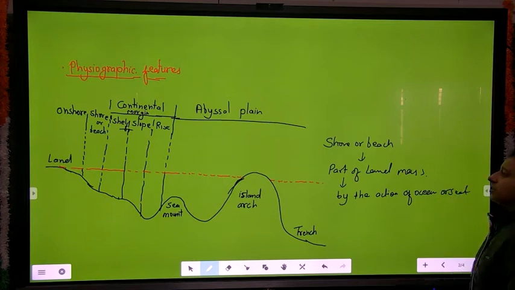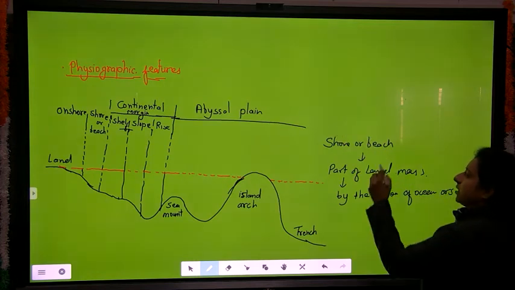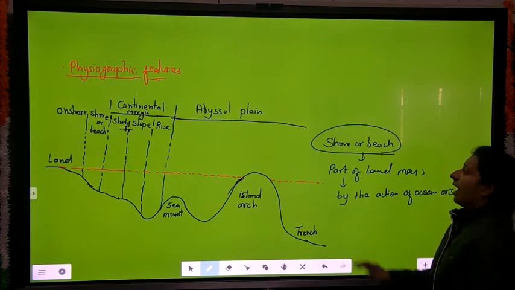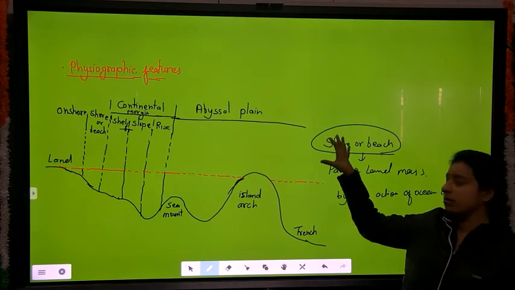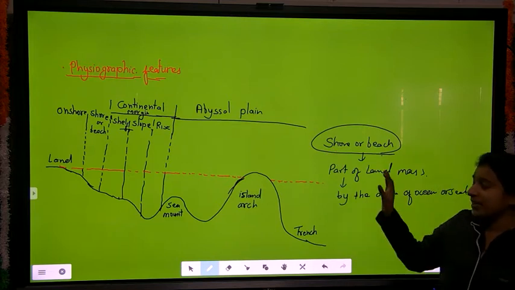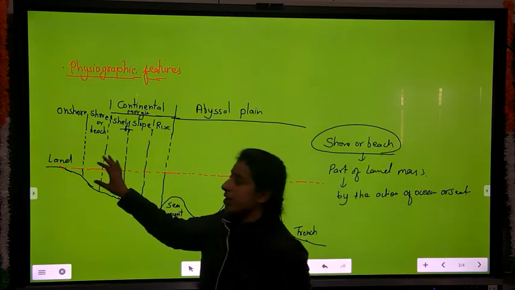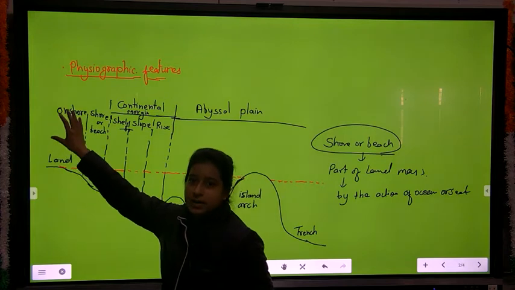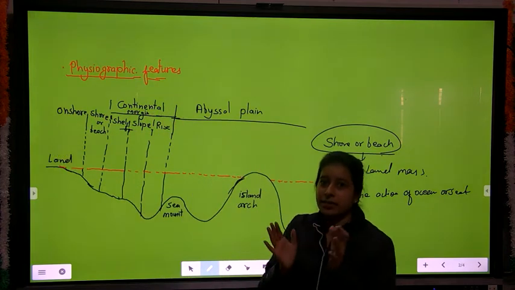We know this part of the land mass as shore or beach, and we can also call it the middle part of the area, the part between the onshore or land and the offshore.